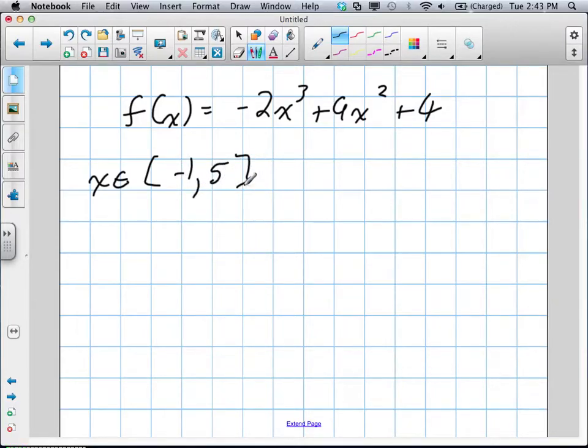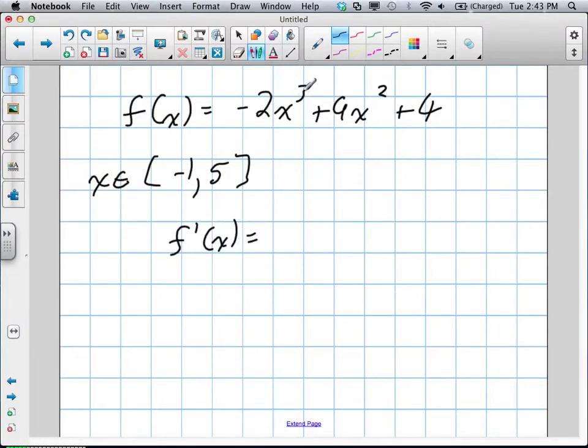So those are our interval endpoints, but we also need to figure out where our horizontal tangents are. To find a horizontal tangent, what do we have to do to this equation? Derive it. We need to find f prime of x.